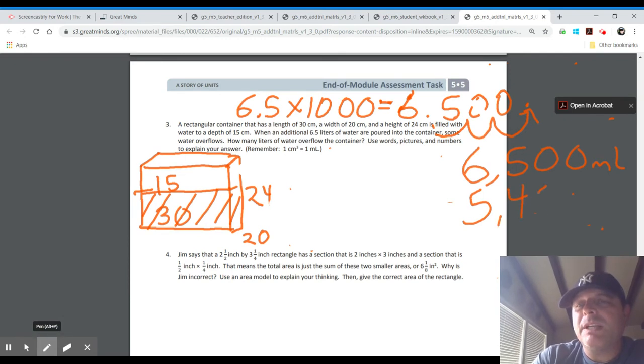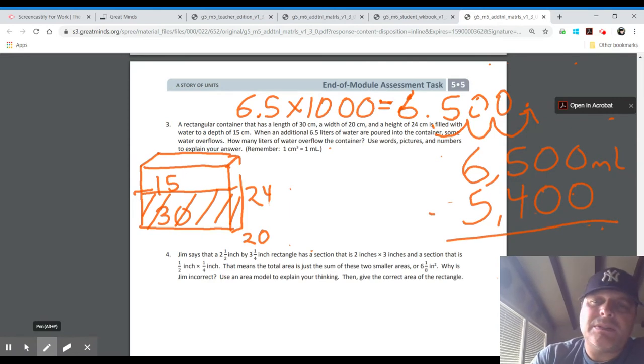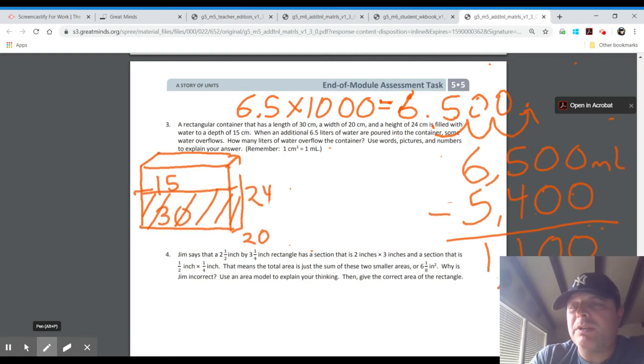And I'm going to take it away. Okay. And I get 0, 0, 1, and 1. So 1,100 milliliters is how much water is going to overflow.